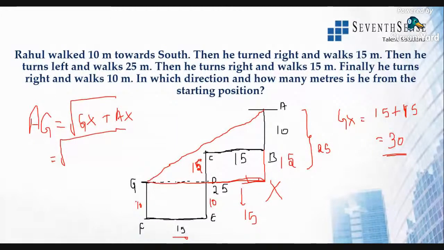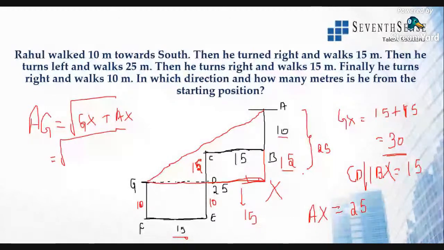See here, GF is 10, so obviously DE also will be 10. The remaining CD value will be 15. CD is parallel to BX, which is equal to 15. Then AX is equal to 25, that is 10 plus 15.